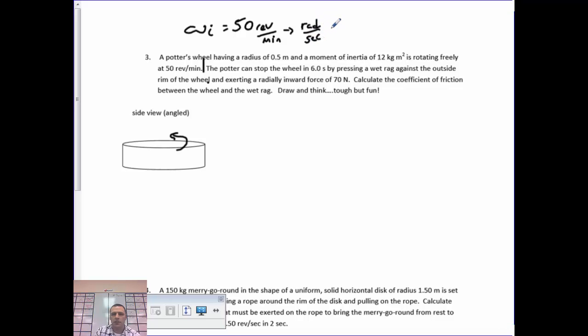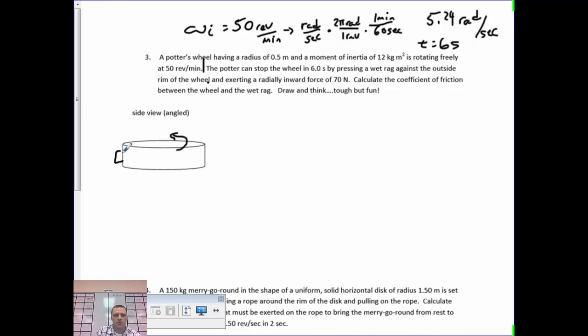If you do that conversion, you multiply by 2 pi radians in 1 revolution, and for the minutes, in 1 minute there's 60 seconds. So you end up getting 5.24 radians per second. The time that it takes to stop is 6 seconds, so that might be useful.